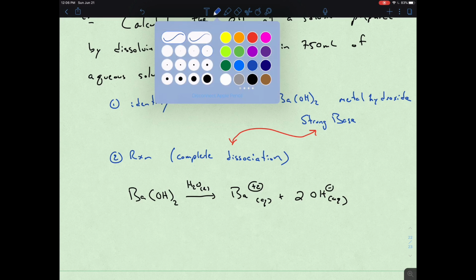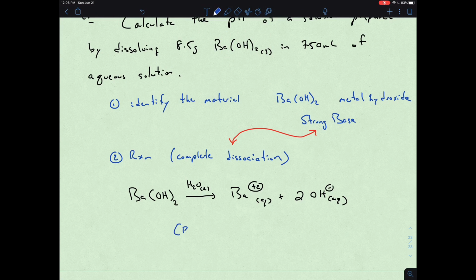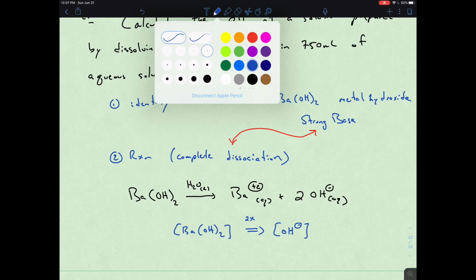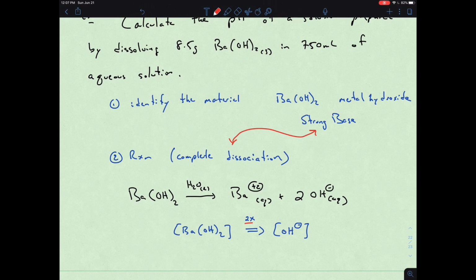And that means from my barium hydroxide, I can then determine my hydroxide ion concentration. And we'll see that we'd have to have a factor of 2 there because of the fact that we have 2 of the hydroxides for every 1 molecule of the barium hydroxide.